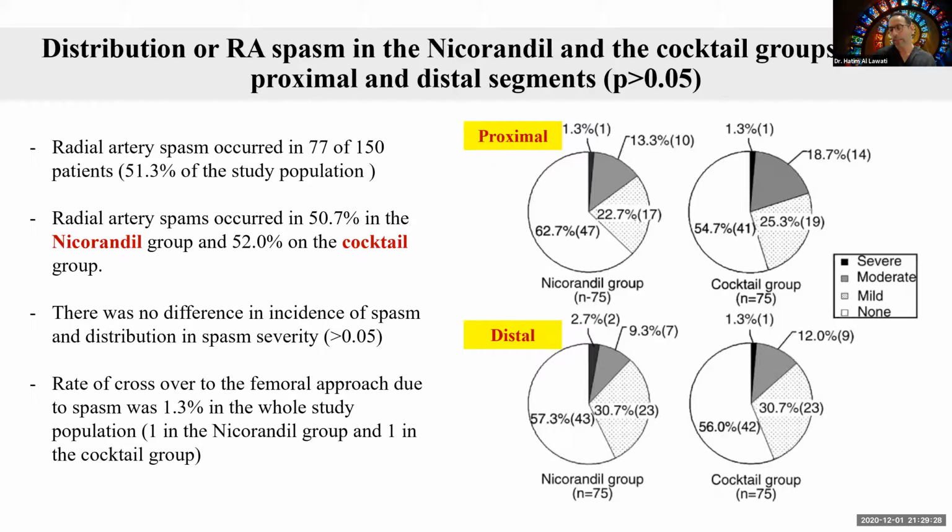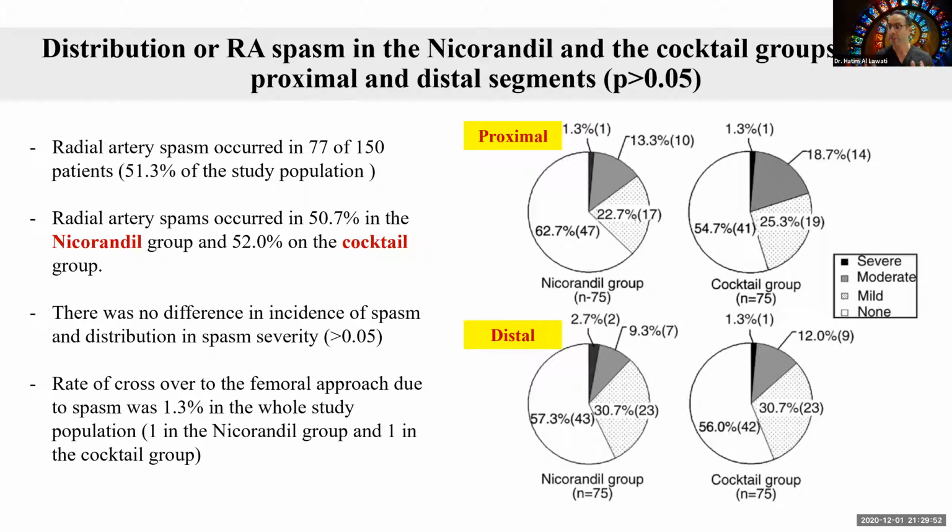So to summarize the first part of my presentation, the data on the use of vasodilators in prevention of radial artery spasm is rather inhomogeneous. The information that we can take home is that there's a lot of experience with verapamil at various doses.